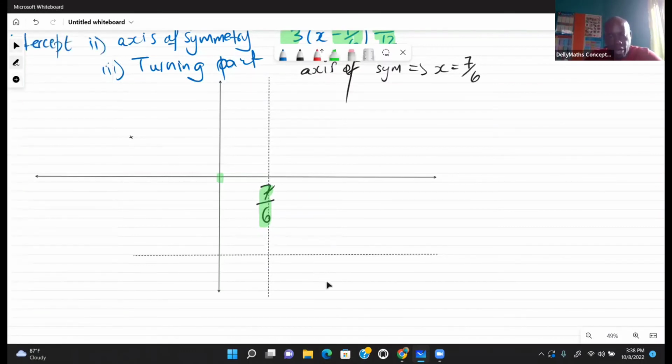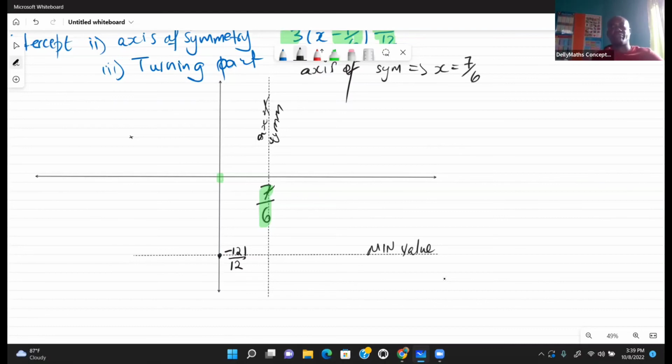So we could put on some label. We could call this the axis of symmetry, and this is our minimum. And this is negative 121 over 12, right at this spot.